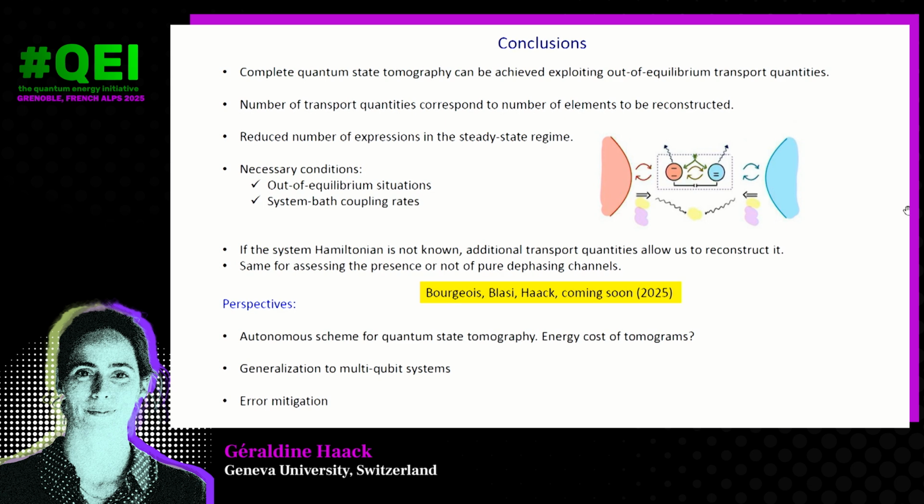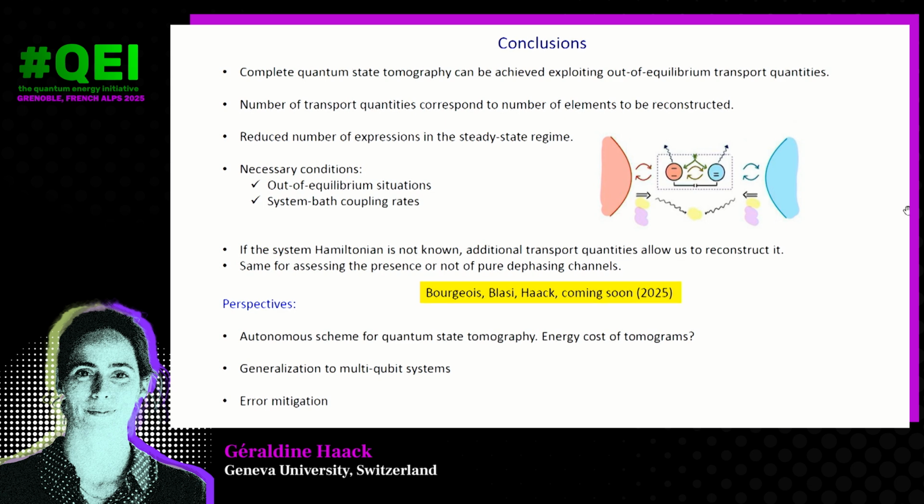As a perspective, in the context of this conference, the question is how to estimate the cost of processing quantum information. Here it's like an autonomous way to perform quantum state tomography.